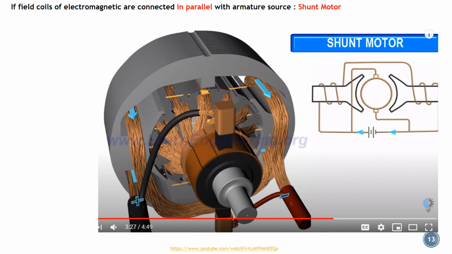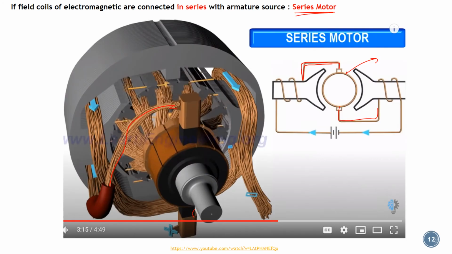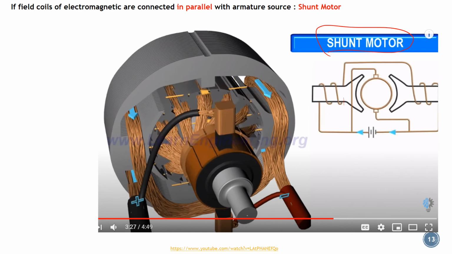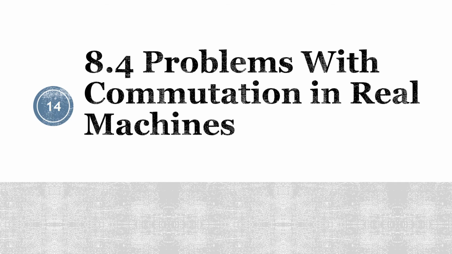If I make a parallel connection between these two coils, that is called a shunt motor. We will see in more detail the characteristics of the separately excited motor, the series motor and the shunt motor. This is just a basic overview of the basic construction of DC motors.